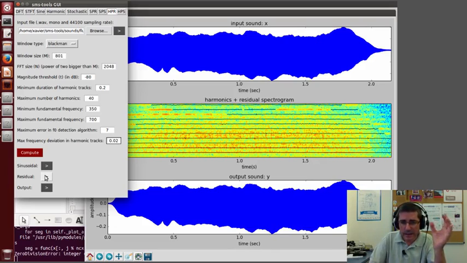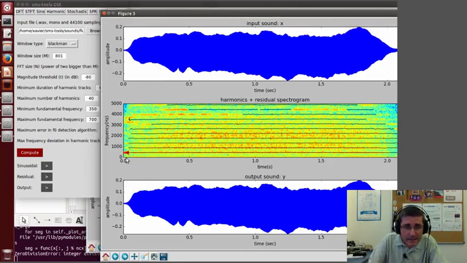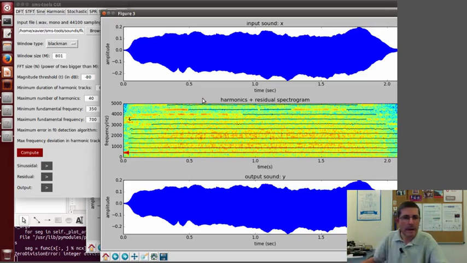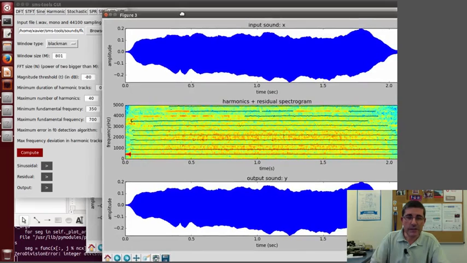We hear the attack, and in fact, there is this red thing here that during the attack it's clearly louder, this breath, and then it just sort of gets attenuated, and we hear a very clear breath noise throughout.